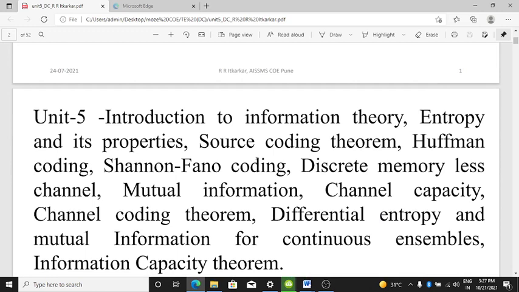Here we cover all the topics: introduction to information theory, entropy and its properties, source coding theorem, Huffman coding, Shannon-Fano coding, their examples, discrete memoryless channels, mutual information, properties of mutual information, channel capacity, channel coding theorem, differential entropy and mutual information for continuous ensemble, information capacity theorem. These all points are covered here. Thank you and all the best for the exam.